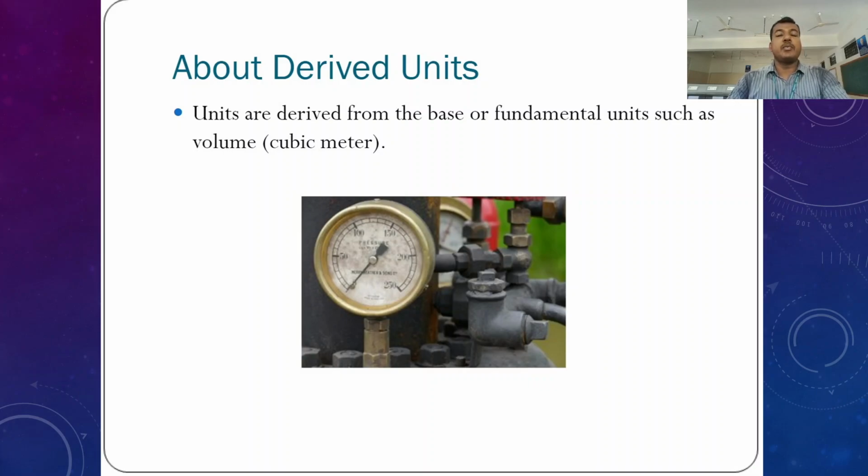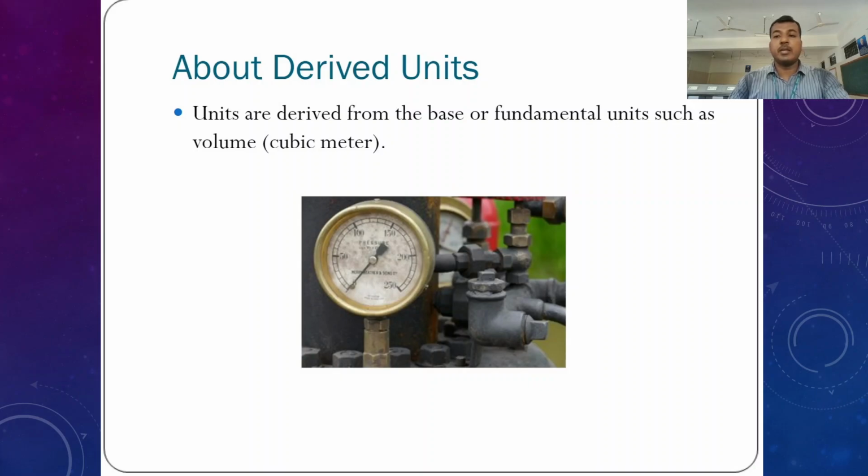Say, for example, length is a fundamental unit, whereas if you consider the area of a room, we have a formula: area is equal to length into breadth, which is nothing but a derived unit. Length and breadth are individually fundamental units, whereas the area is derived from the length and breadth. So they are called derived units.